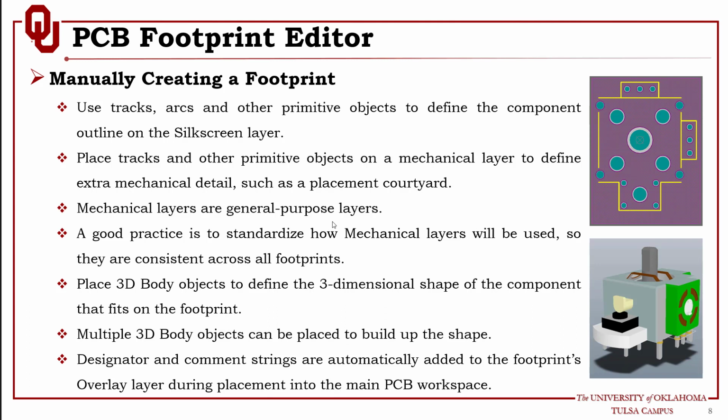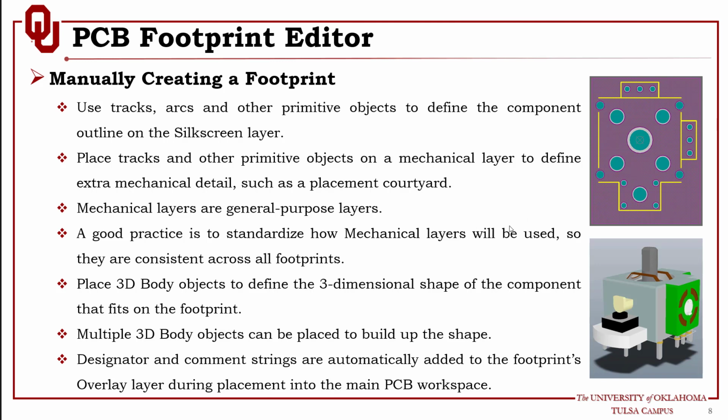You can place tracks and other primitive objects on the mechanical layer to define extra mechanical details. As we discussed earlier, the component outline is the yellow one, placed on the overlay layer, and this only defines the outline of the component.